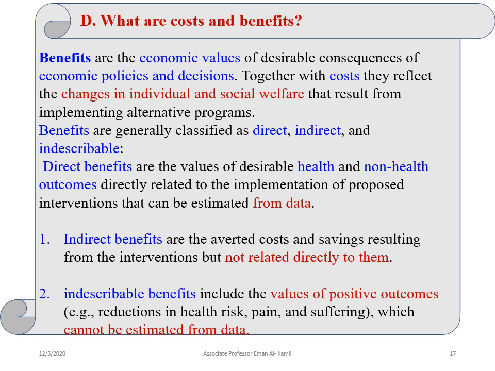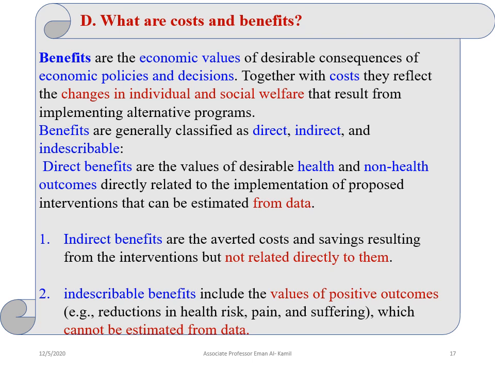We are always talking about the cost and the benefits. So what are the costs and what are the benefits? The cost we have already mentioned: the money we will need for the vaccine, and other costs that we talked about previously. But what are the benefits from the programs? The benefits are the economic value of desirable consequences of economic policies and decisions.